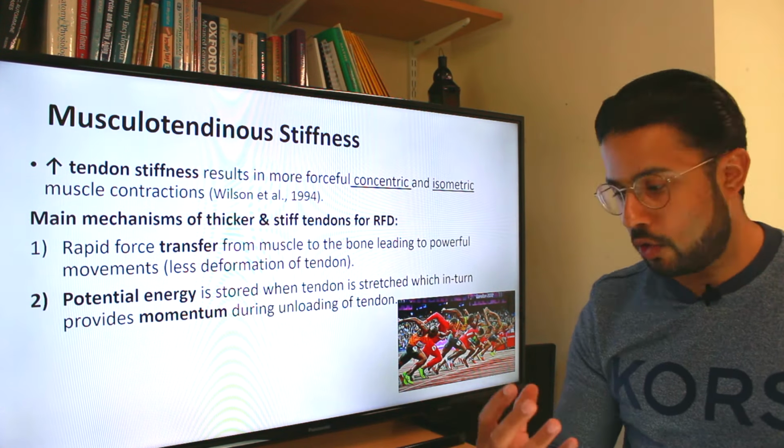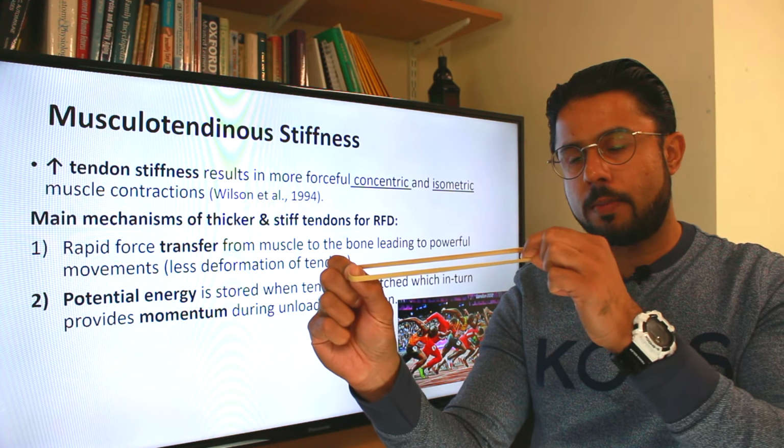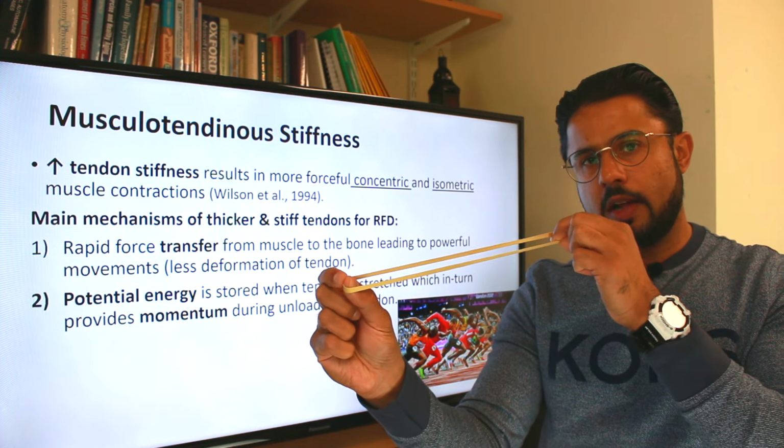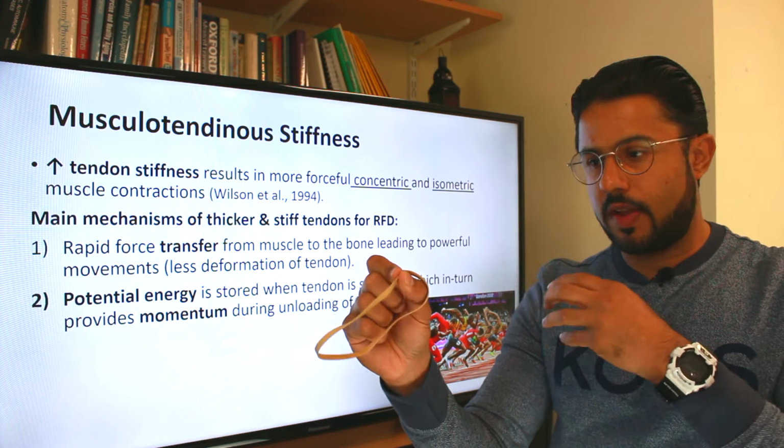But when I look at the thicker elastic band, which represents a thicker tendon, as I pull on it, I need to apply much more force. So much more force is needed to deform that tendon. But also, if I stretch the elastic band or the tendon just to here and release it, it gives a much more forceful release, more energy.